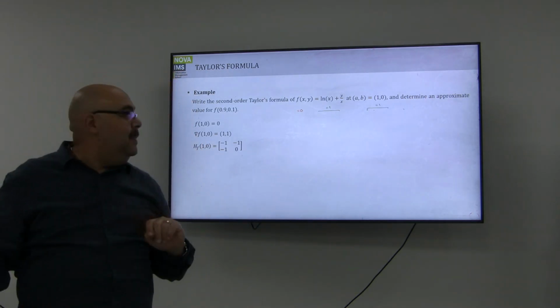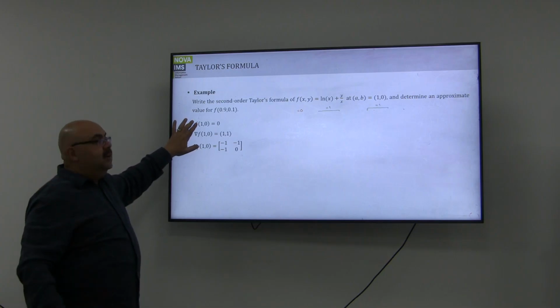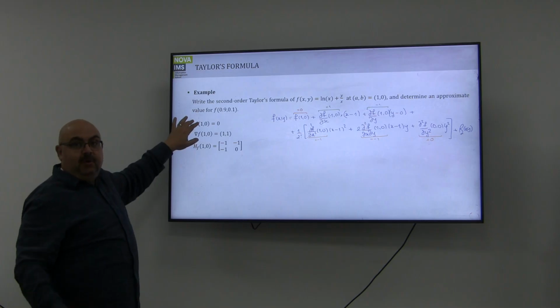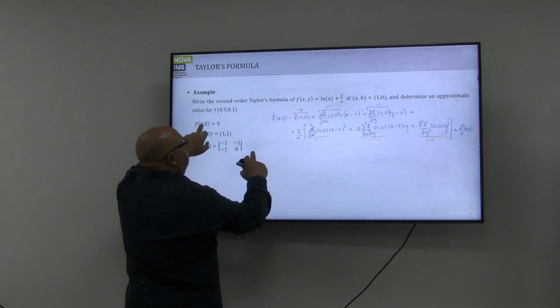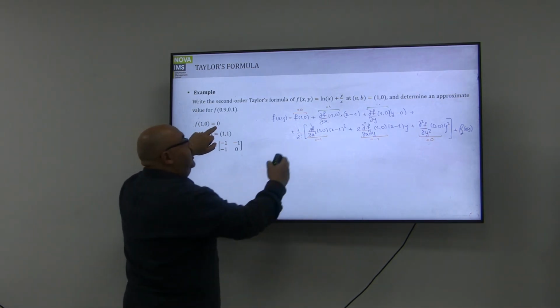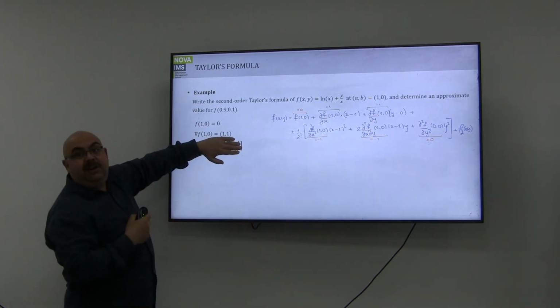Mr. Muhammad, those are given in order to give you the values. So for the function f of x and y, xy, in the neighborhood of 1 and 0, it's going to be f at 1 and 0. F at 1 and 0 is 0. I've given it to you. Then you will need partial f, partial x at 1 and 0. This is why I'm giving you the gradient.